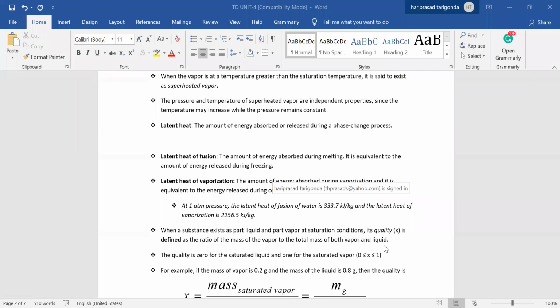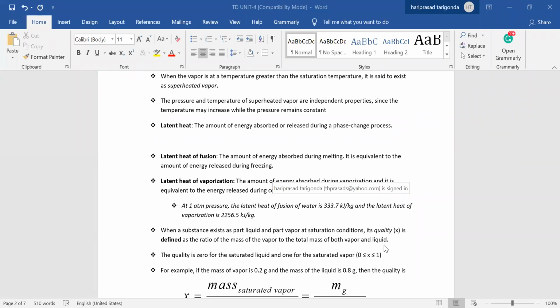Steam is a working fluid in many thermal systems, especially in thermal power plants. Therefore, the quality of the steam can be defined in terms of one index that is called dryness fraction.